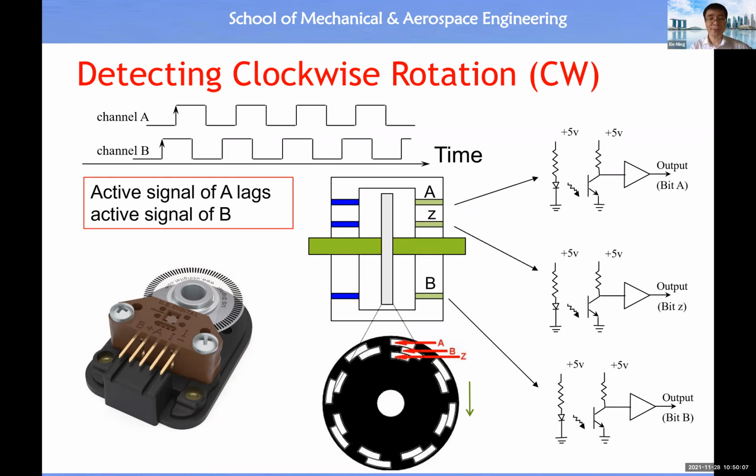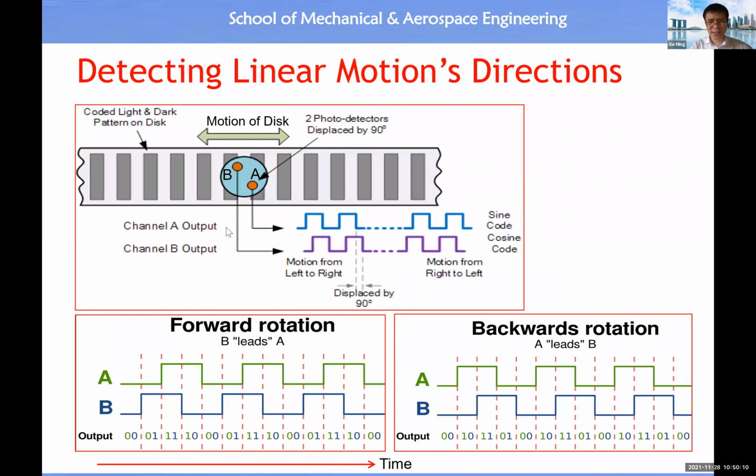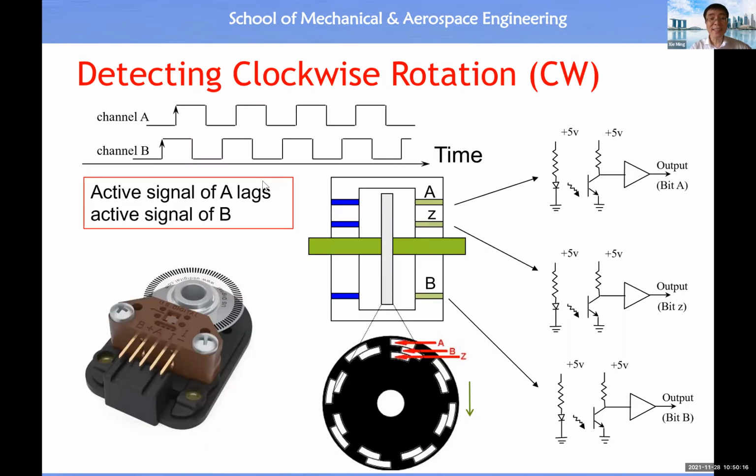So then for the linear motion, this helps you to understand the design principle. We can make the pattern uniform. So you have an opaque segment, transparent segment, opaque segment. Then we create the offset among these three pairs of light detector and light emitter.